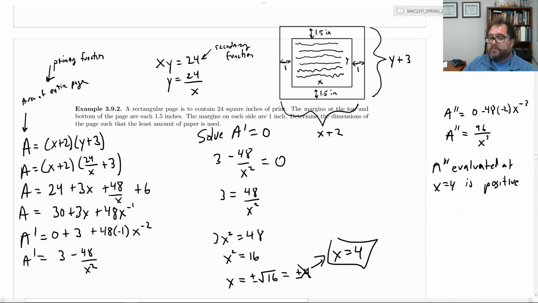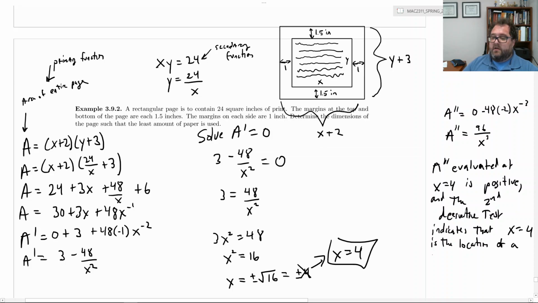The important part is that A double prime evaluated at x equals 4 is positive, and the second derivative test indicates that x equals 4 is the location of a local minimum.